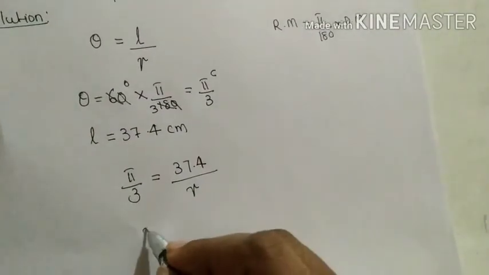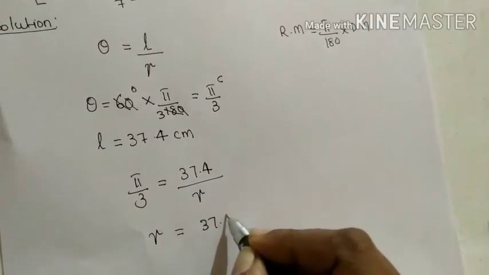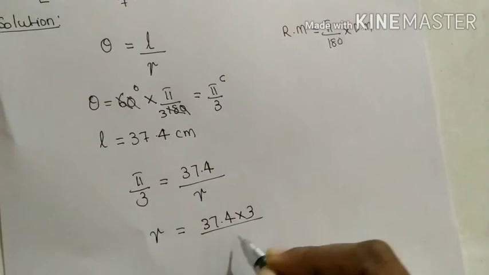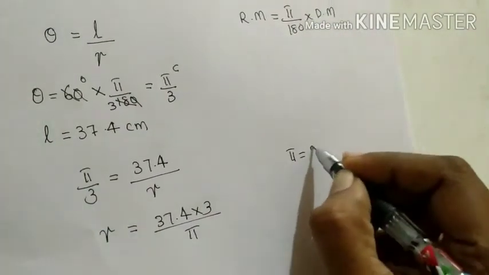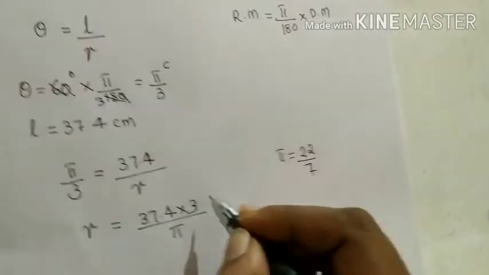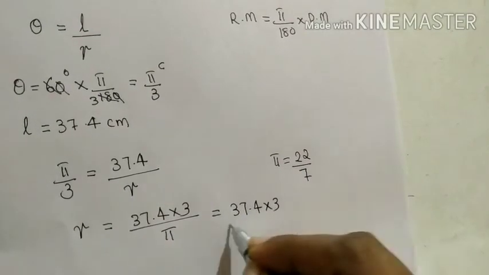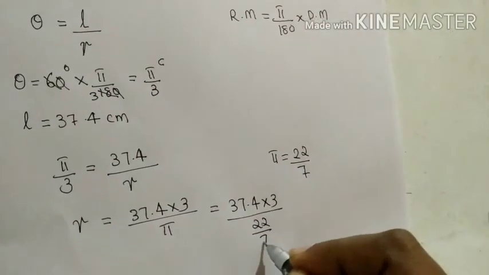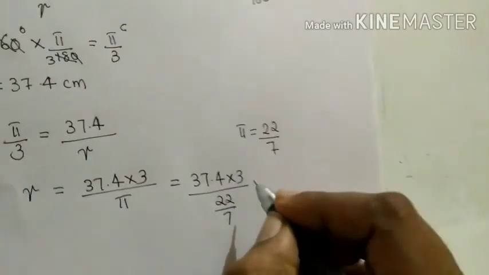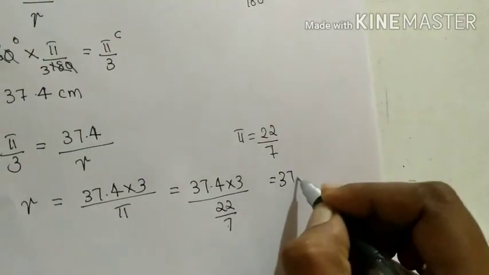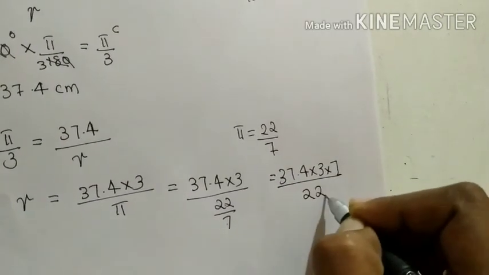So from this we get r equal to 37.4 into 3 divided by pi, and given that the value of pi is 22 by 7, so substituting the value of pi here, 22 by 7, this 7 is moved to the numerator side, and we get 37.4 into 3 into 7 divided by 22.